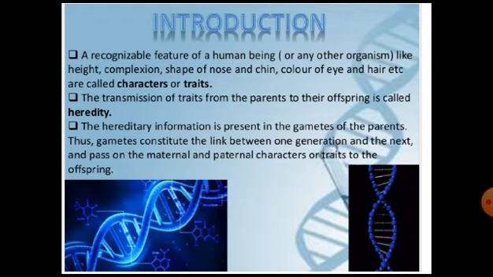Thus, the gametes form a connecting link between one generation and the next with respect to the passage of characters from the mother and the father to the offspring. Thus, the individual possesses the characters which are transmitted to them from the parents. These characters are thus the maternal or the paternal characters.